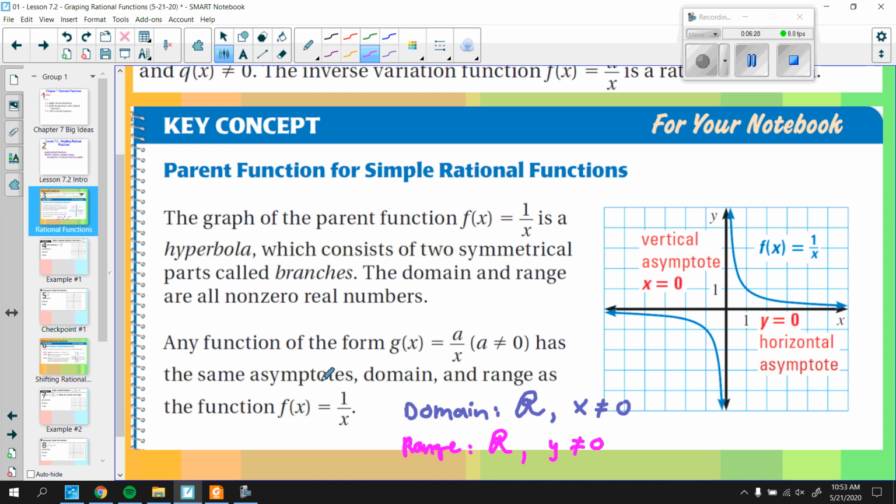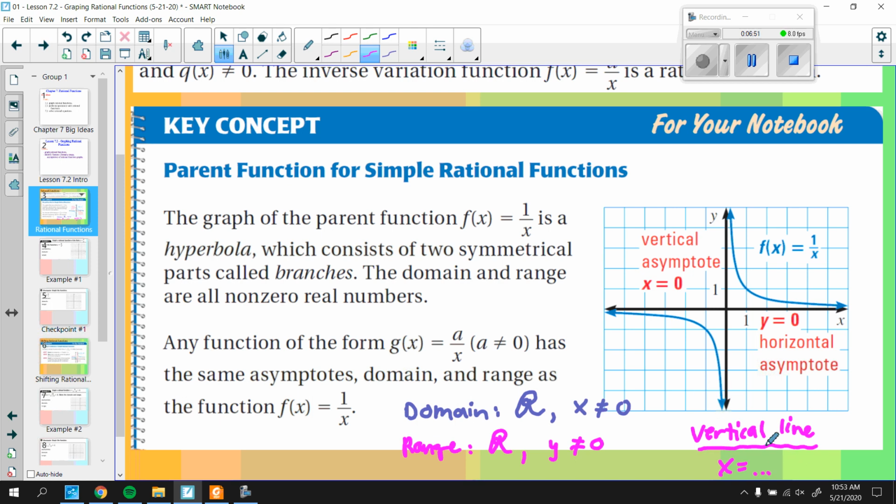Okay, I will ask you to name the asymptotes along with the domain and range. So just make sure, a vertical line has the equation x equals whatever.